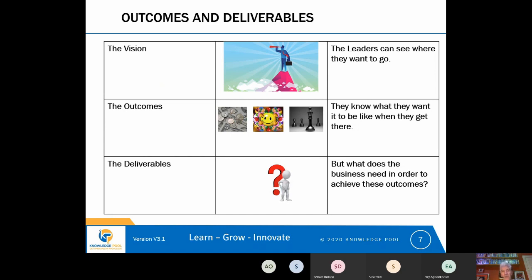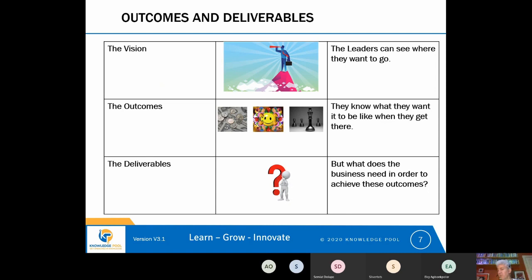And in order to arrive at what deliverables the project needs to actually deliver to the business, we have to think about what the vision is, what the outcomes are that are needed. So the outcomes are things like, we want more money, we want customers to be happier, we want to beat our competition.